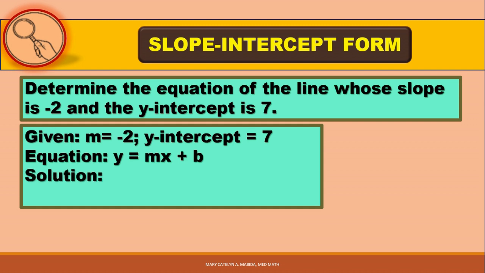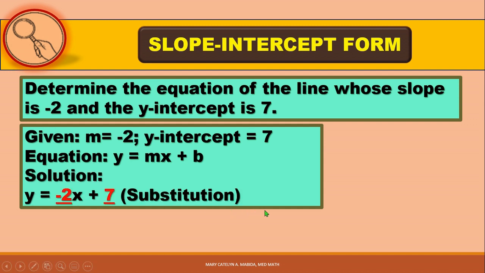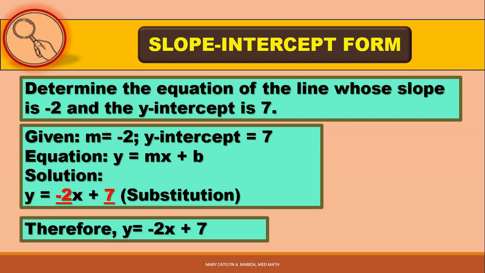Substitute the given values to our equation. By substitution, we can directly substitute the given values to the equation to get the equation of the line in the slope-intercept form. Therefore, y is equal to negative 2x plus 7.